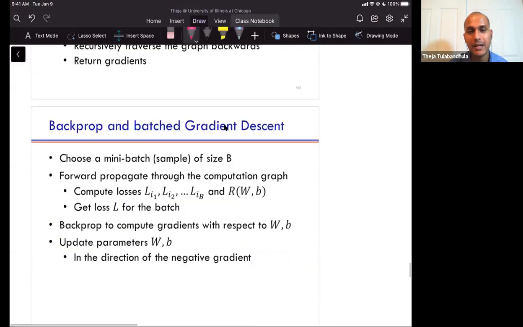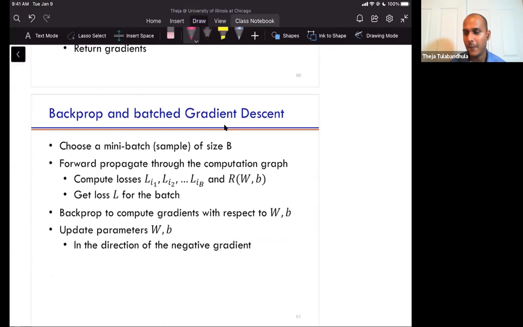I want to tie it back to our original component of why we are looking at backpropagation. In particular, I want to tie it back to the gradient-based optimization that we briefly discussed last time.